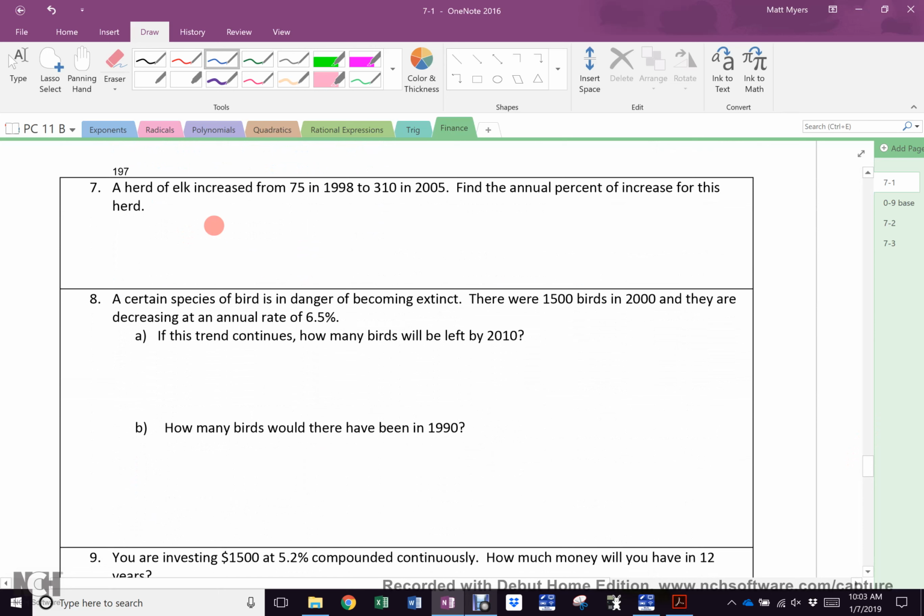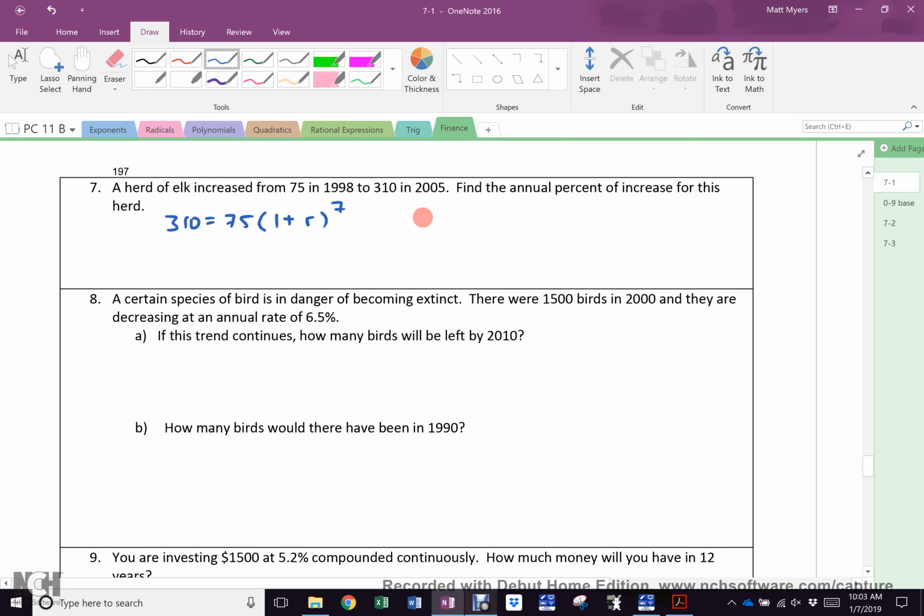Seven, same thing. The herd of elk got up to 310. They started at 75. 1 plus, I don't know my R, and it took 7 years.